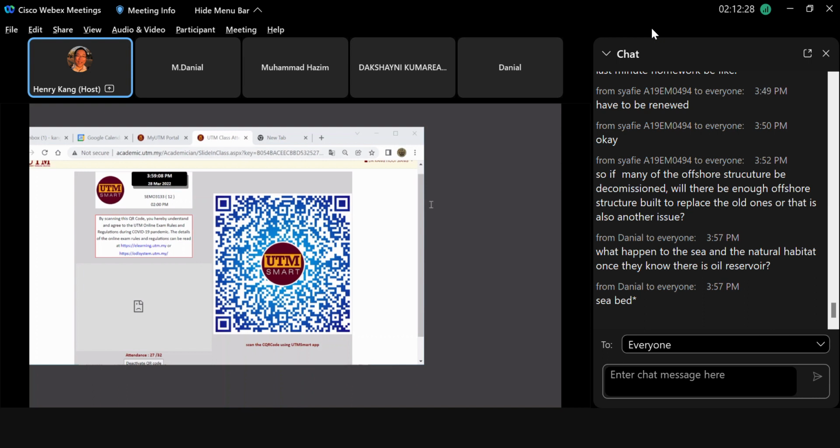Okay, so I'm talking about that one, but how about the natural habitats? For example, if they have the so-called sea coral, or the fish, or the Nemo fish, right?